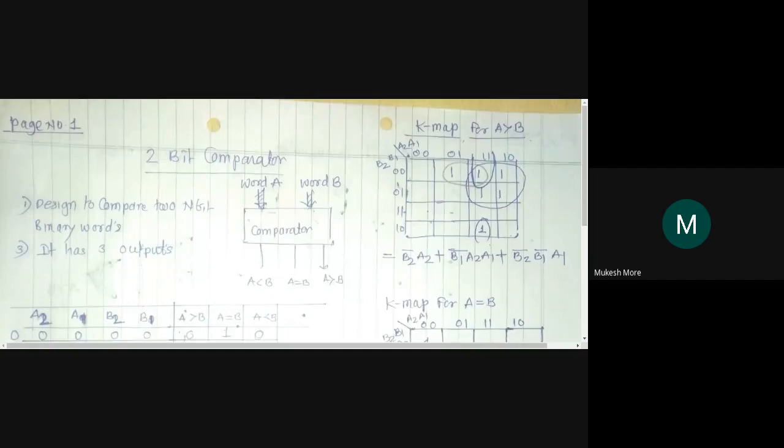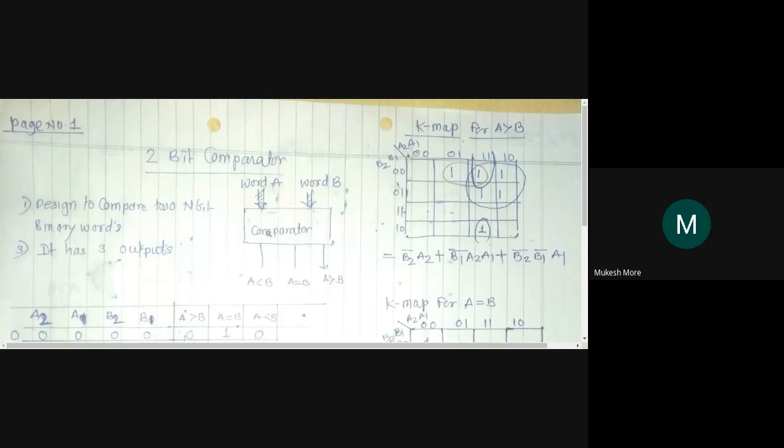Now we are going to design the circuit named comparator. This circuit is basically used for comparing two numbers, number A and number B. After comparison, this circuit will produce three outputs.